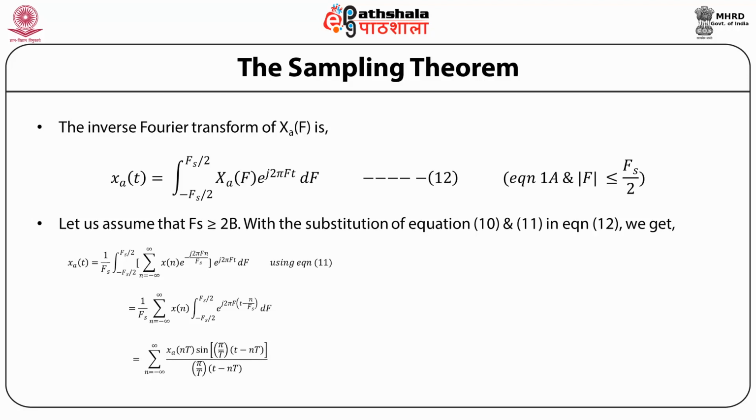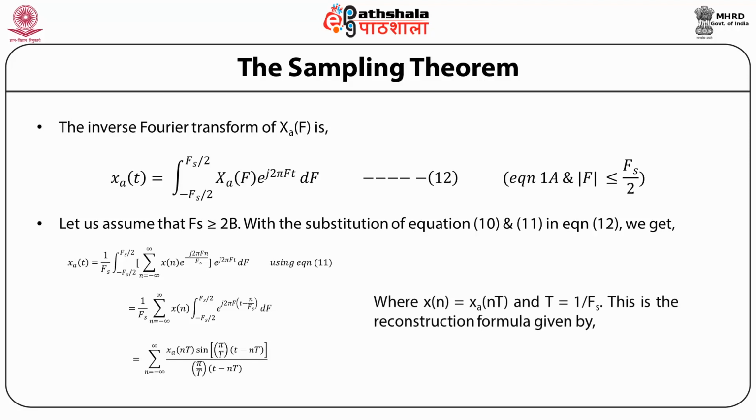Now simplifying, we get finally the summation over n from minus infinity to infinity of xa(nT) multiplied by sine of pi by T times (t minus nT) divided by pi by T times (t minus nT), where x(n) is equal to xa(nT) and T equals 1 by fs.